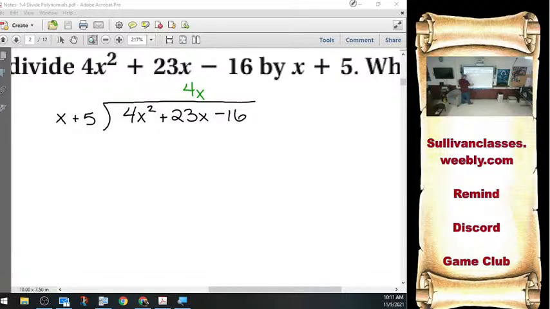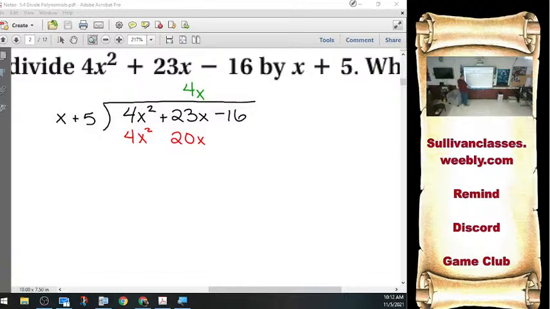Okay. So now, if 4x squared divided by x was 4x, I now take 4x times my divisor. You will distribute. 4x times x is 4x squared plus 20x, a positive 20x. But then we always subtracted that thing, right?